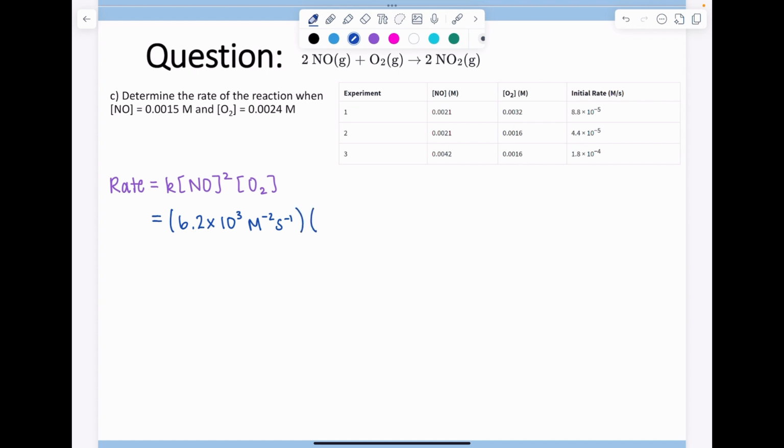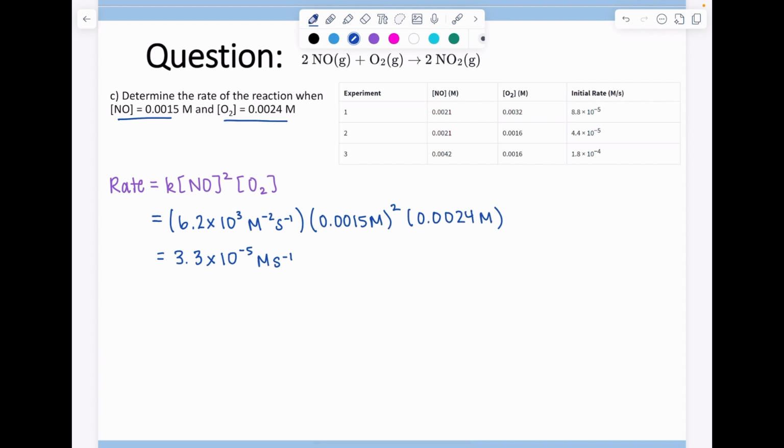And then concentration of NO, 0.0015 molar, square that, times concentration of O2. And then if you simplify this equation and the units, you'll have 3.3 times 10 to the negative 5 molarity per second. And that is the rate when NO is this concentration, O2 is that concentration.